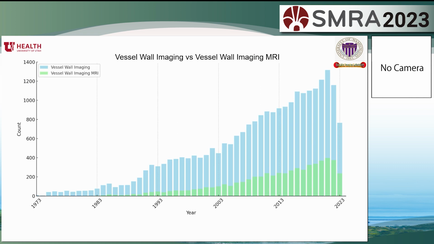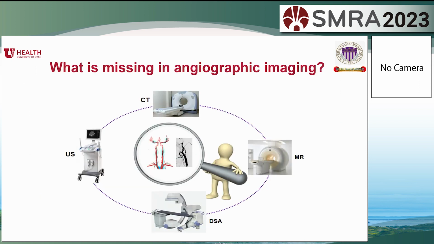If you look at this field of so-called vascular imaging and do a literature search on PubMed, this is what you get. You can see progressively increasing interest in this field and in publications.